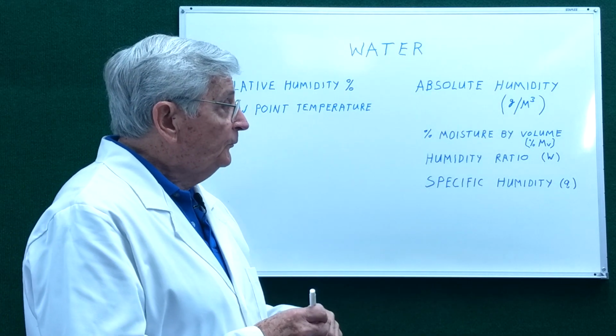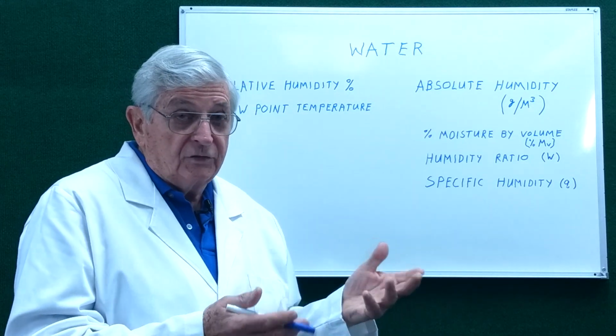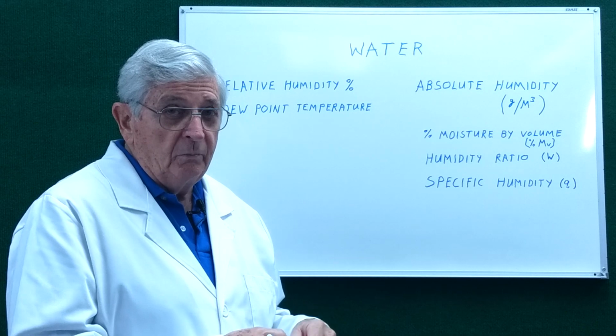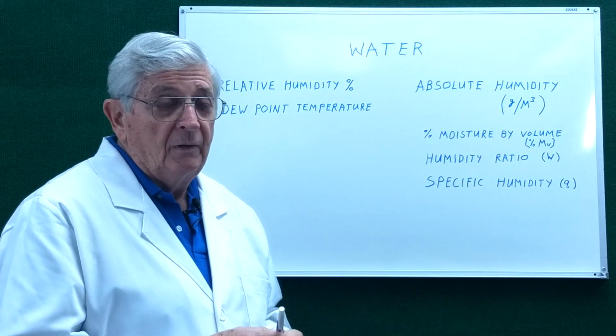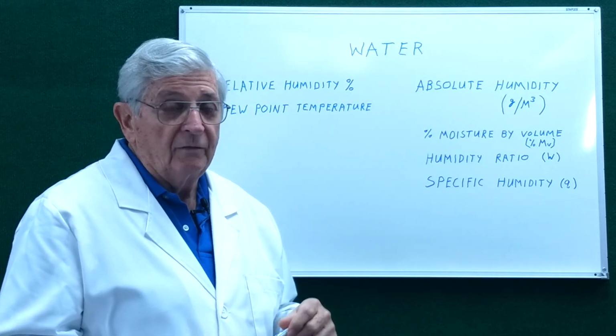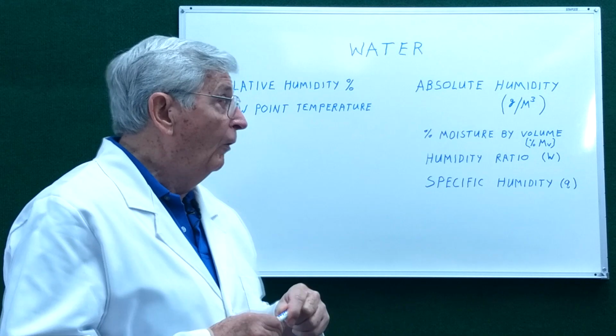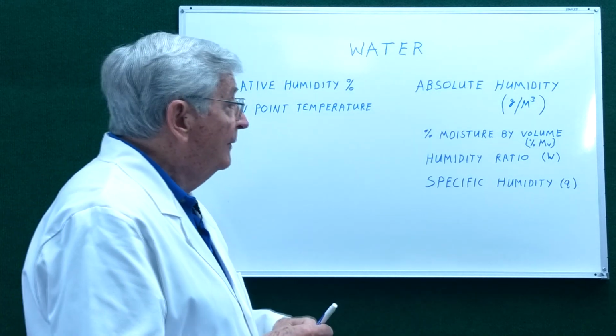And the one term that scientists call absolute humidity is given in grams per cubic meter. And later we'll see why that's not a very absolute term at all, or an absolute scale for moisture.